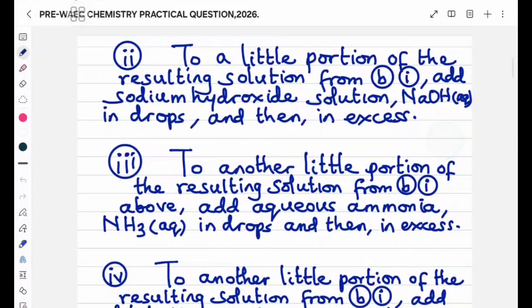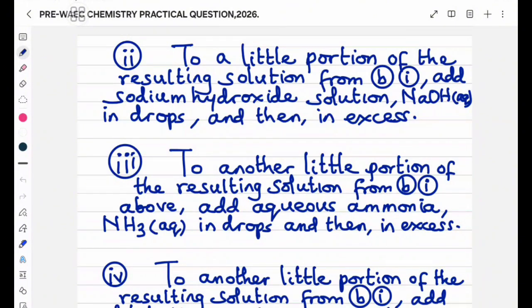Roman figure 3. You take another little portion of the resulting solution prepared in Bi above, and this time around you are to add aqueous ammonia in drops and then in excess. Just like I said that sodium hydroxide solution is a precipitating reagent, aqueous ammonia is also a precipitating reagent.